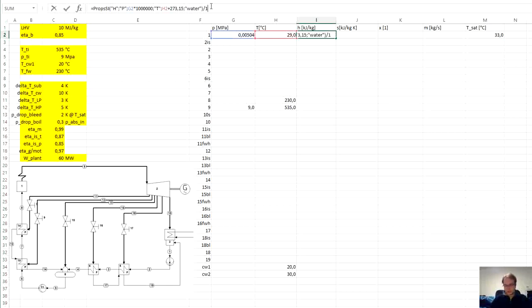And again we want nicer units like kilojoules per kilogram, so divided by 1000. The same function goes also for the entropy, just we change the output parameter. Let's get more decimals.